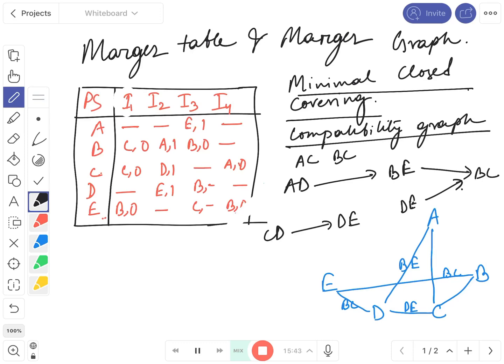In between BC, I think AD is there. Okay, I forgot to write this one, in between BC, AD is there. So BC to AD there will be another straight line.